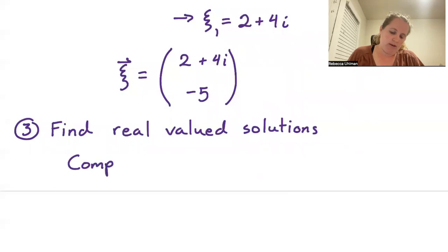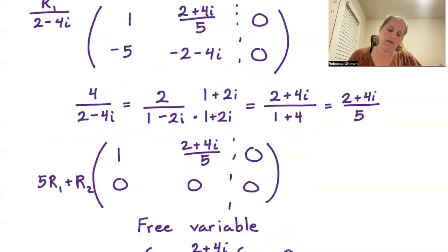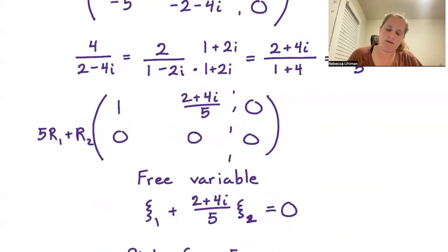So we have the complex solution y equal to 2 plus 4i, negative 5, times e to the 1 plus 4i t, since our lambda was 1 plus 4i.